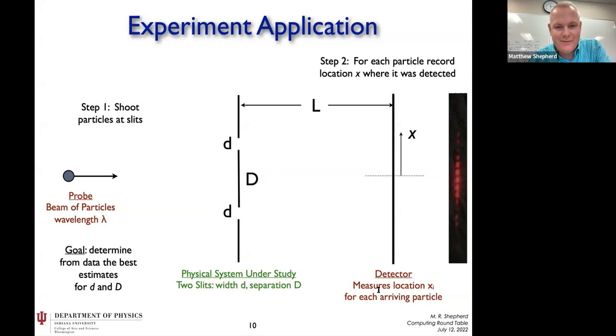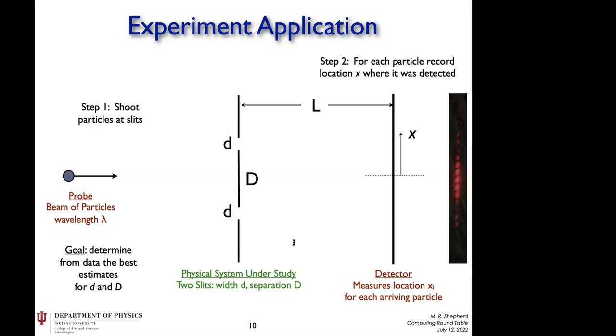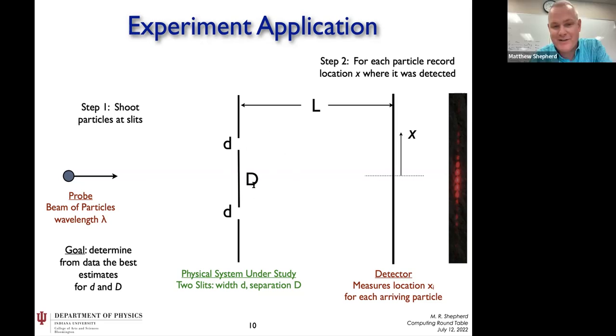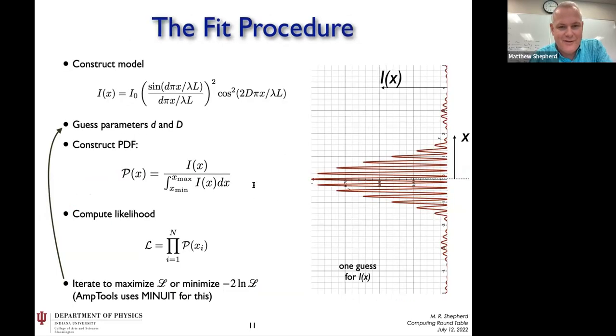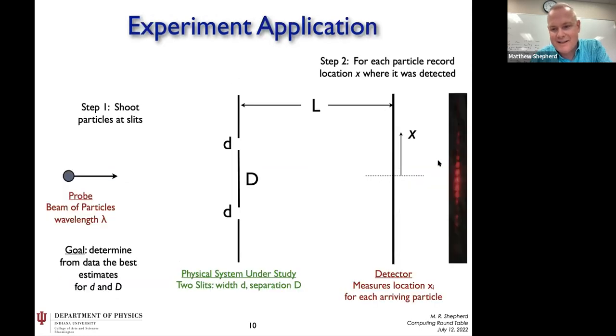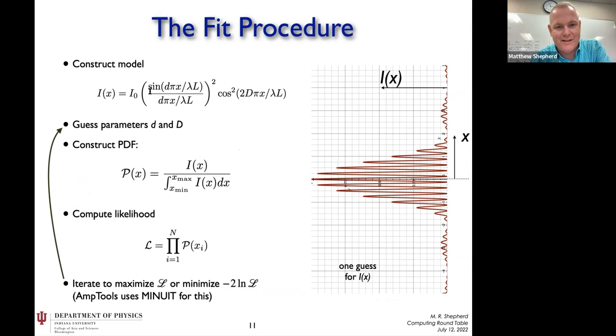Then you want to figure out what values of little d and big D there are. If you did that, you would use some physics-inspired model, probably based on interference of rays, to come up with an expression like this that casts the intensity in terms of the parameters you want to know.